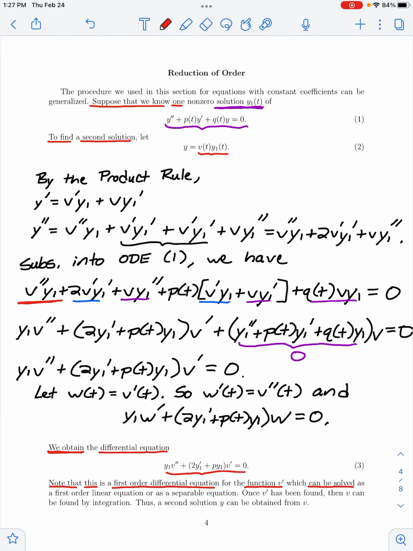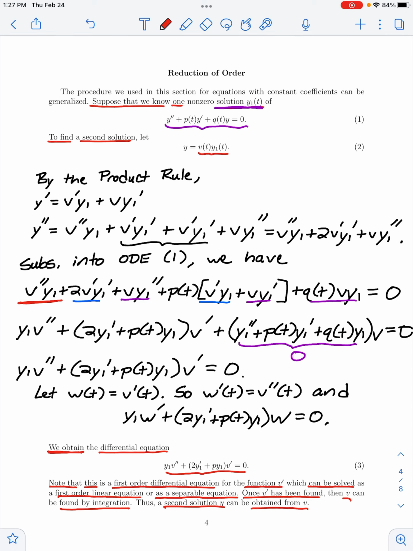So I could solve that equation as a first order linear equation, say using integrating factors, or as a separable equation. And once I know what w is, which is v prime, so once I have found v prime, we can find v by integrating. And once we know what v is, then we have found our second solution from v.